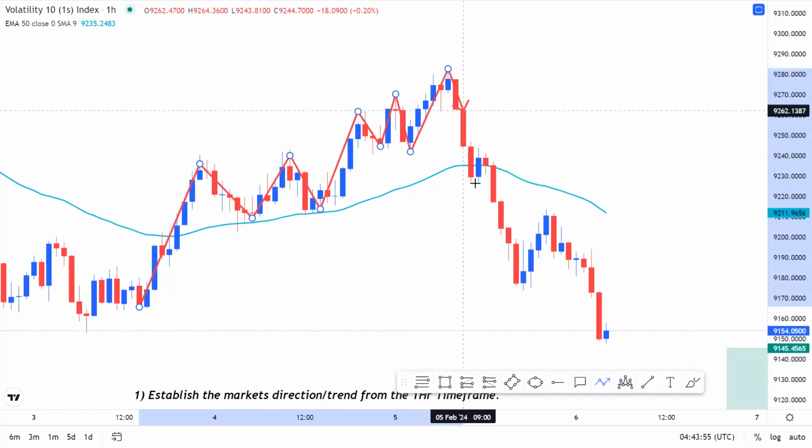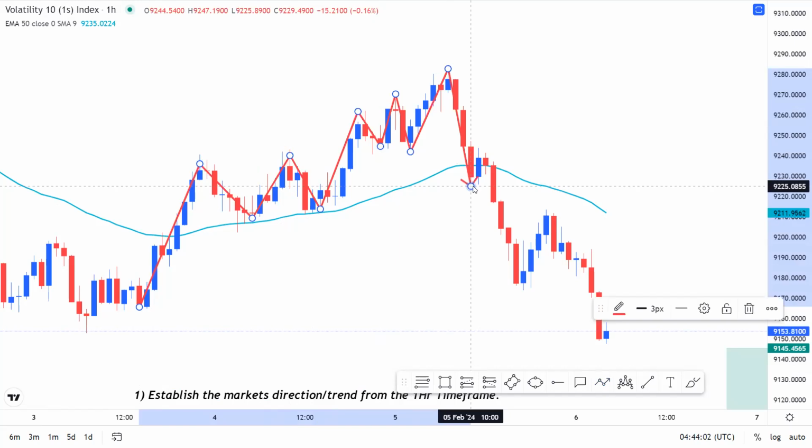And then we had a nice structure shift from a bullish trend to a bearish trend when we had this nice sell-off presenting us right here with a lower low.